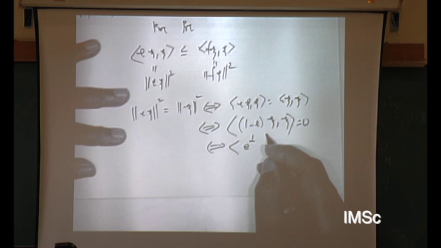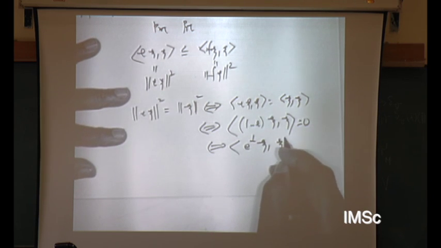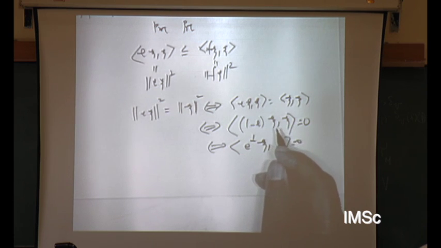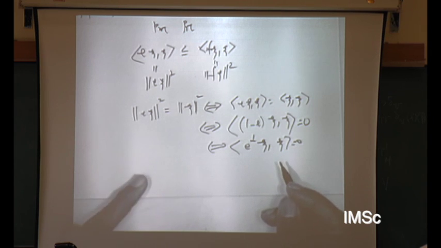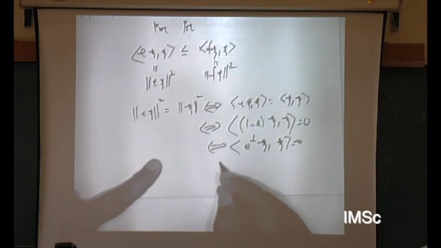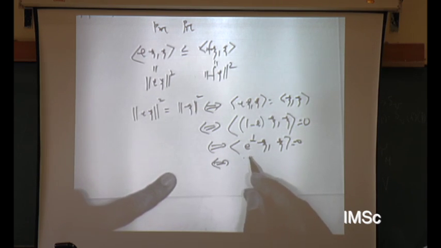But notice that I'll write this rather than 1 minus E, sometimes I'll think of it as E perp, because that is nothing but the projection onto the orthogonal complement of the range of E. Right? So this happens if and only if xi is in the range of E. That is, E xi equals xi.